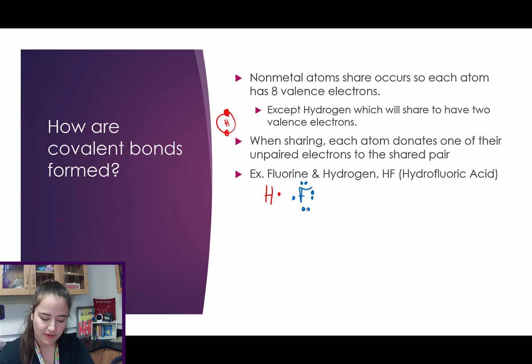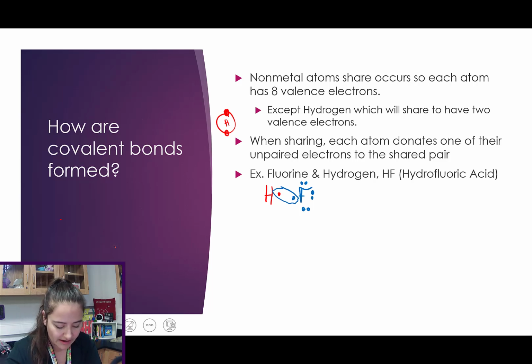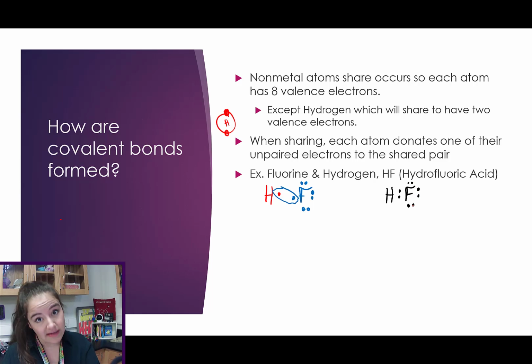So what happens when they bond is this pair becomes a shared pair. So hydrofluoric acid can be represented as HF. Okay, and sometimes you'll see it represented like that. Sometimes this shared pair becomes a line and is that covalent bond.